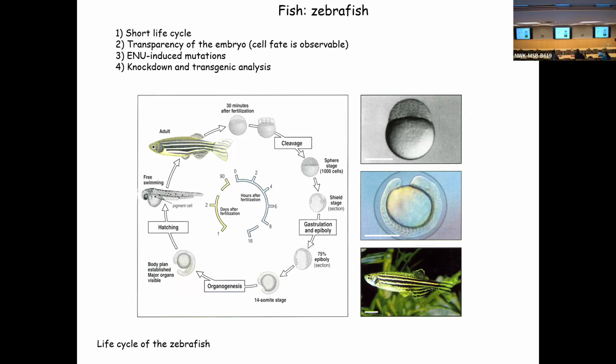For example, in one well, it will induce a certain kind of mutations. In another well, another kind of mutation. ENU stands for ethyl nitrosourea, and it will intercalate into the genome, into bases, and will produce those mutations.